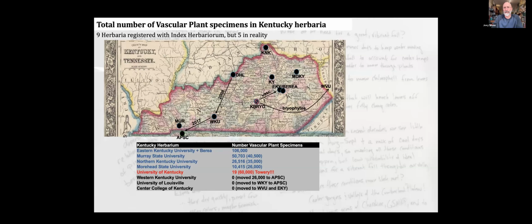When we look at the total number of vascular plant specimens in Kentucky herbaria, it's a little more confused, because there has been the collapse of several more collections in Kentucky than in Tennessee to this point. You can see some lines there where I've traced where some of these collections went through time. In the end, there were these four collections that you see in blue that were digitized and overseen by Brad and his work.